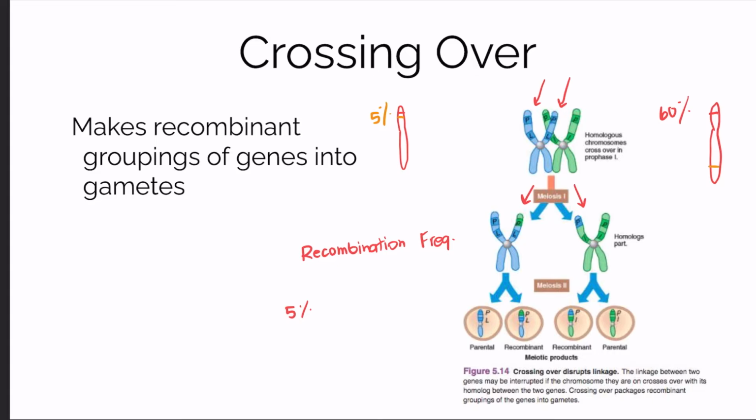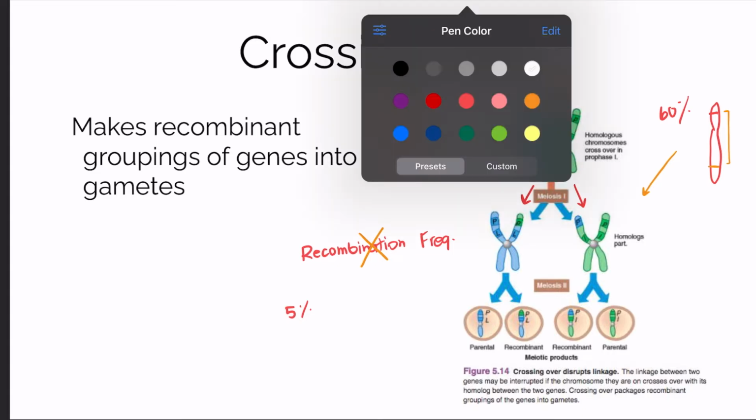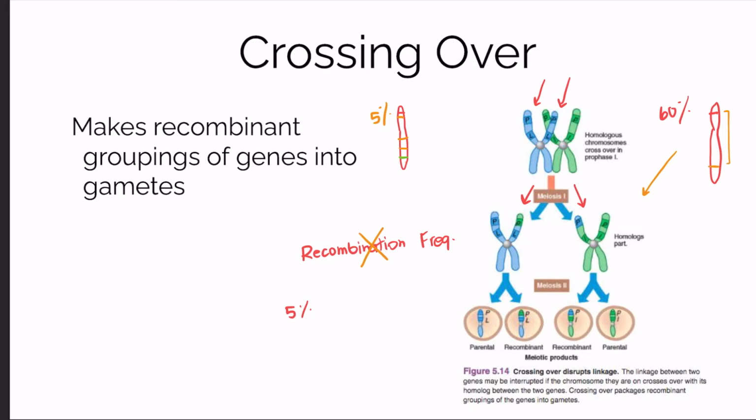So maybe the genes are actually pretty far apart, because it's likely that recombination can possibly occur here. So we're not going to do this in our class, but it is an interesting way, because you can actually map out where different genes are on the chromosome using this number, recombination frequency.